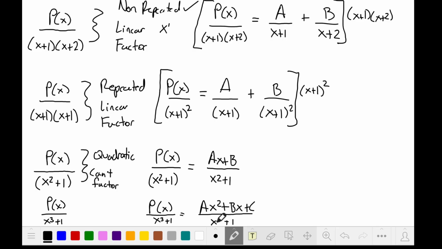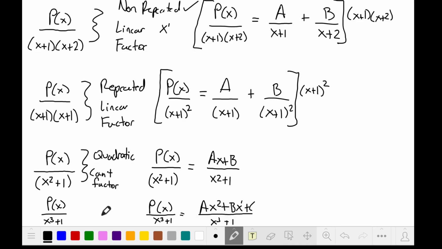In this case, it was 3. That means that the one up top has to be 1 less, so a power of 2. And we include all of the possible terms it could have. It can have some term of power 2. It could have some term of power 1, which is x to the 1, so just x. And some term of x to the 0. X to the 0 is just 1, so that's why the c is hanging out by himself.